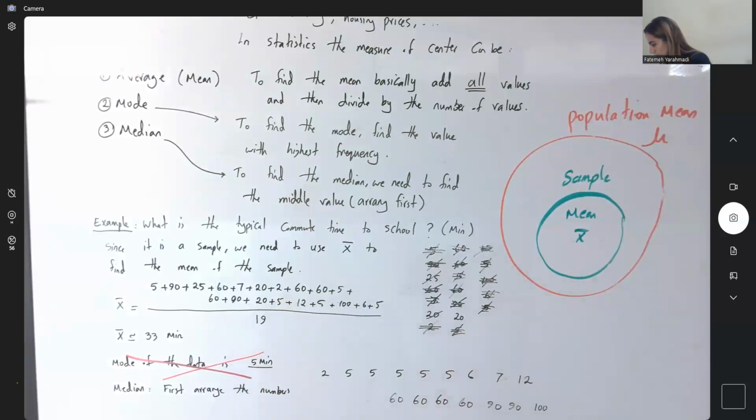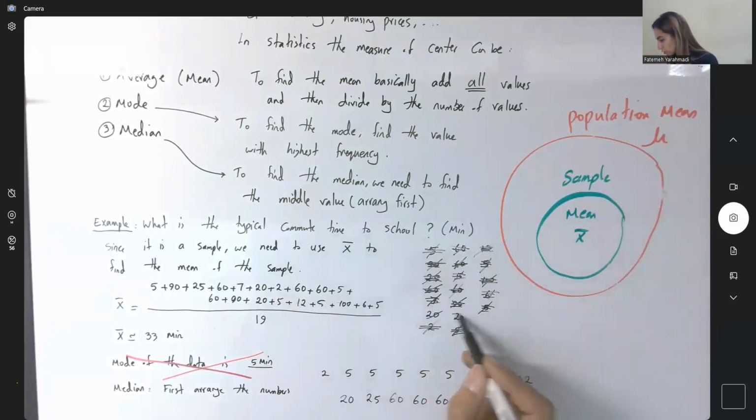And then what else we had? We had 20, all right, we had 25. So let me just write down 25, and then you're left with 20 and 21, 2. How many 20s do we have? Okay, 1, 2, 3, 4, 5, 6, 7, 8, 9.